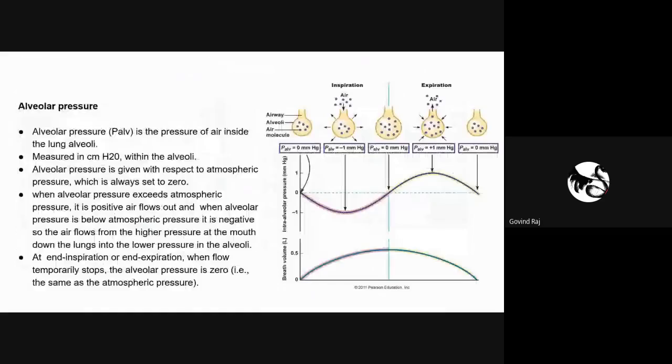So after a normal inspiration, how much more air we take in is the inspiratory reserve volume, and that plus tidal volume gives us inspiratory capacity. So how much volume of air we can forcefully inspire is the inspiratory capacity.